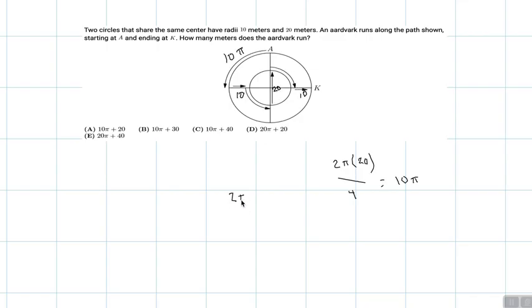So 2 pi r is 10. And then since this shows up, yeah, for 4. So 20 pi over 4 is 5 pi. So each of these, 5 pi, 5 pi. So summing all of this up, 40 plus 20 pi. Yeah, 20 pi plus 40. Answer choice E.